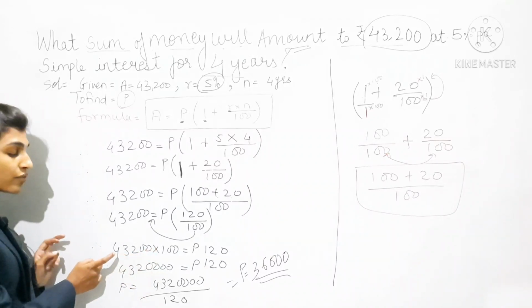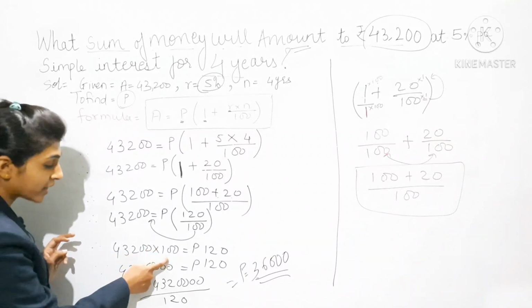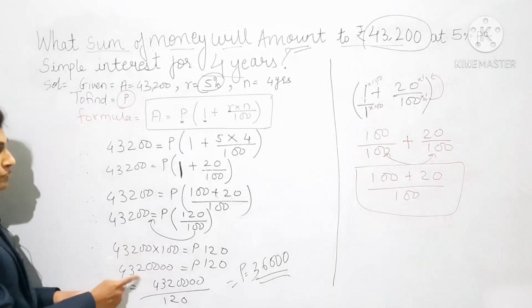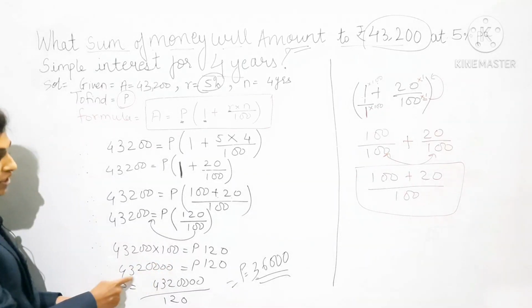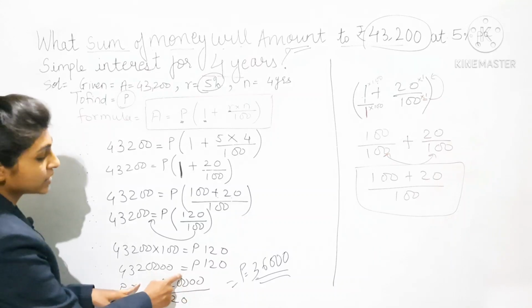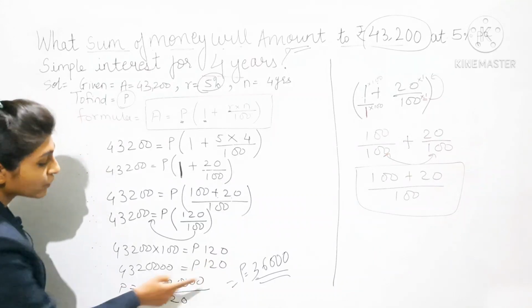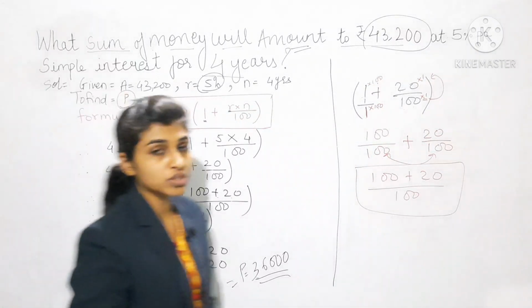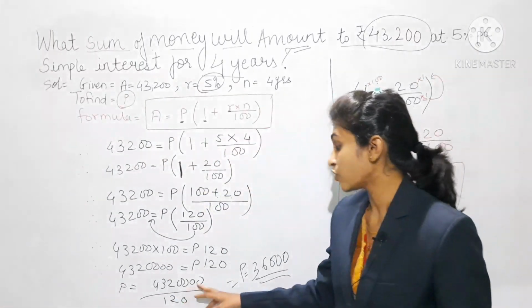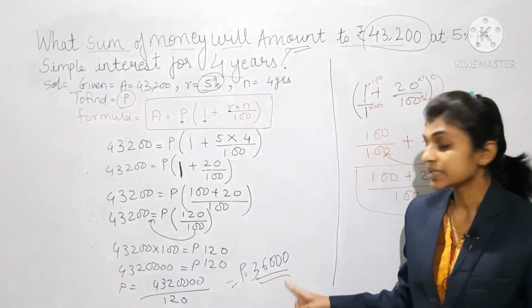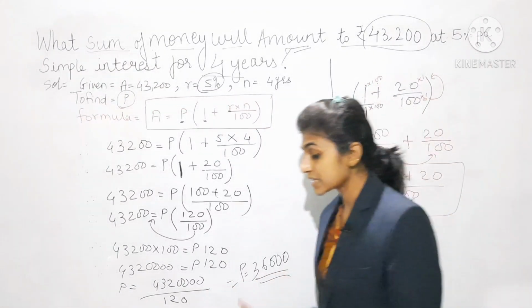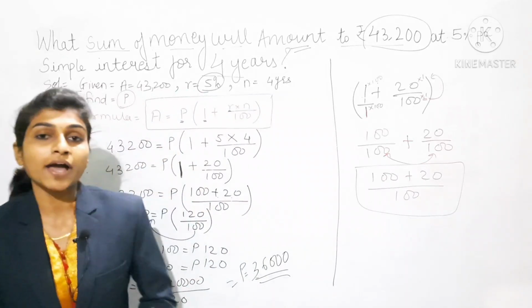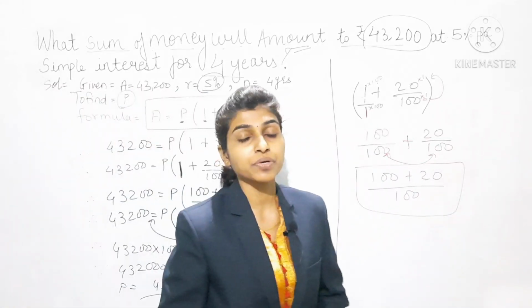Then I multiplied 43,200 into 100 and got 4320000 is equal to P into 120, and then 4320000 divided by 120 is equal to 36,000. So P is 36,000. I hope you have understood this example.